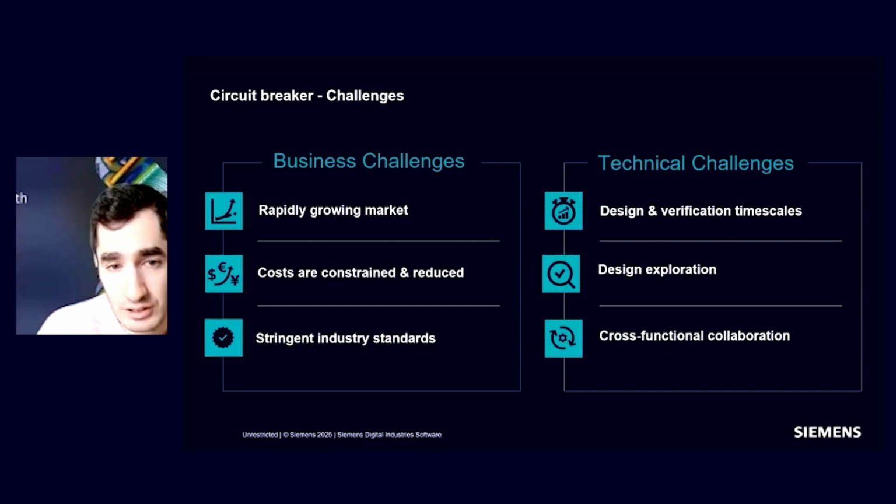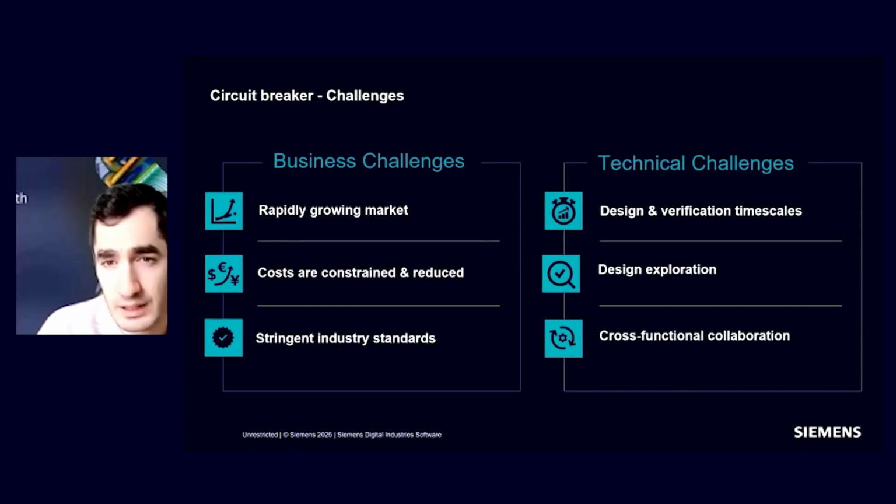Then the stringent industry standards: Siemens simulation tools are capable of reaching very deep levels of complexity that allow us to fulfill the standards and be sure that the devices are performing as expected.